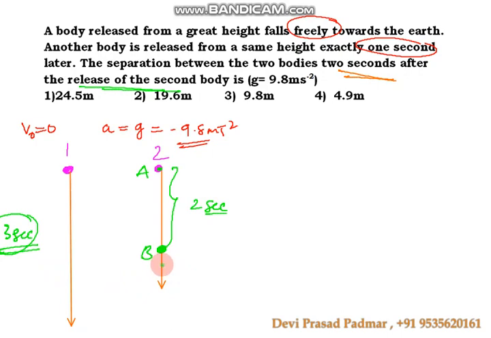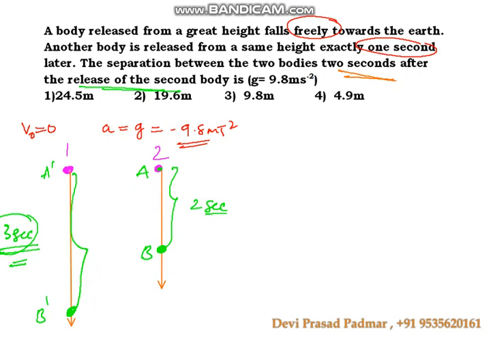Let's consider this distance traveled as A dash B dash, the distance traveled by first body in 3 seconds. Out of these 3 seconds, 1 second is before the release of second body and the remaining 2 seconds are after the release of second body.